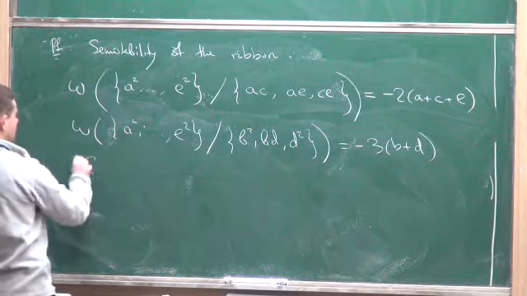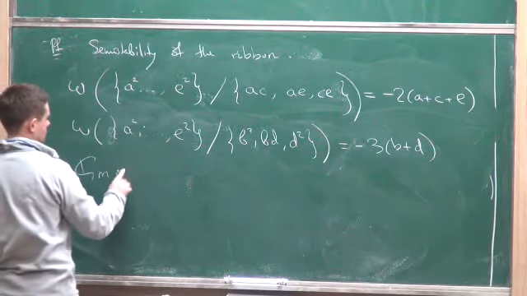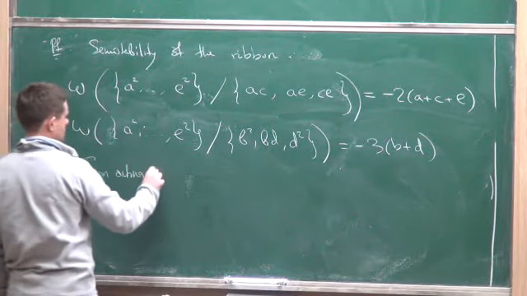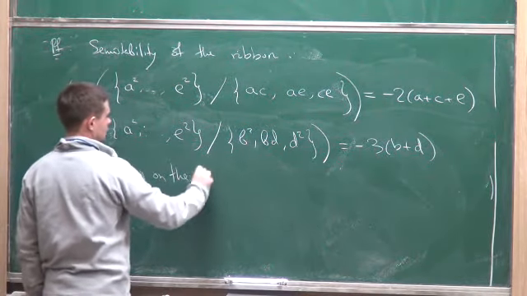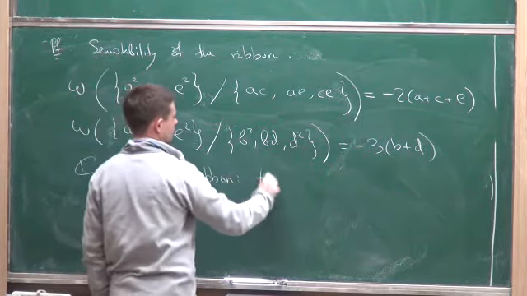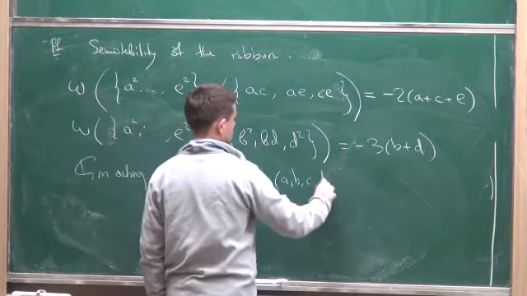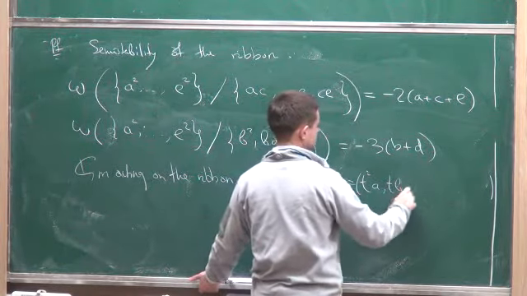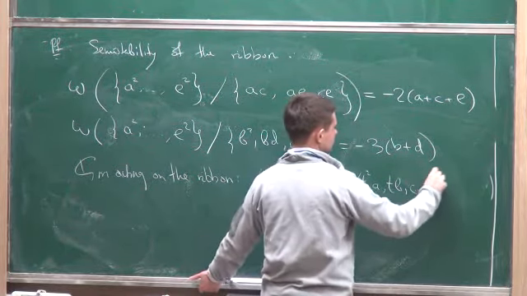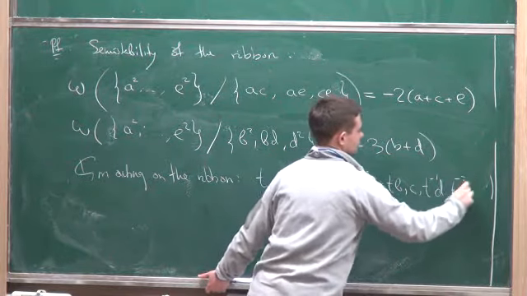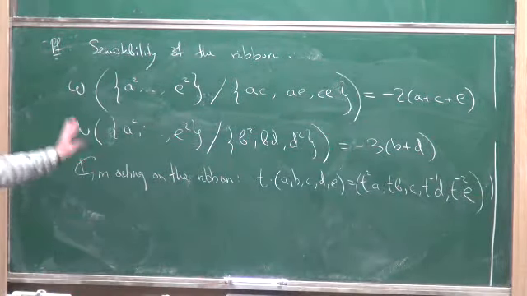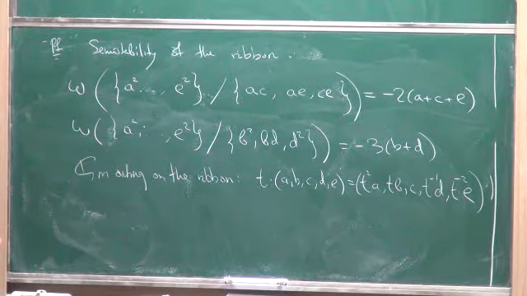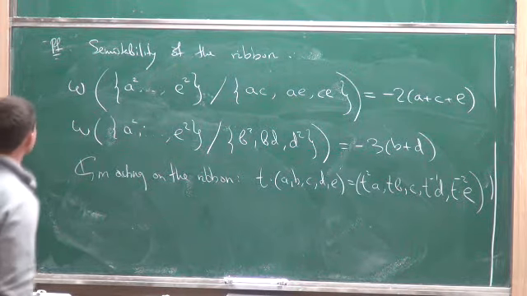And the reason is that we have a Gm action on the ribbon given by weights 2, 1, 0, -1, and -2. Right, so what I did, I just repeated the proof of the semi-stability of the ribbon from yesterday in the case of genus 5, slightly sketchily. Okay.